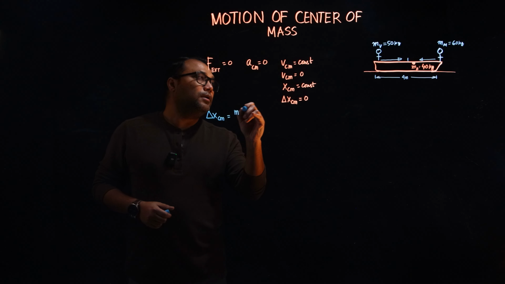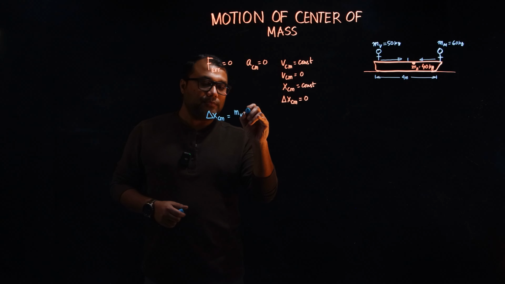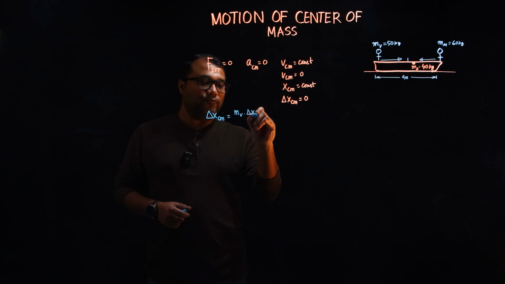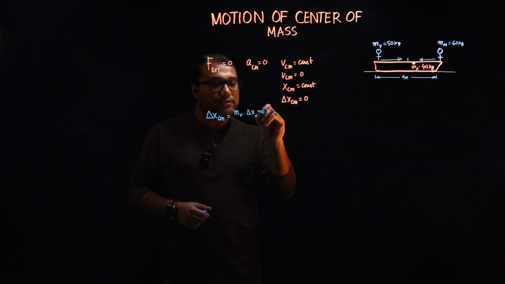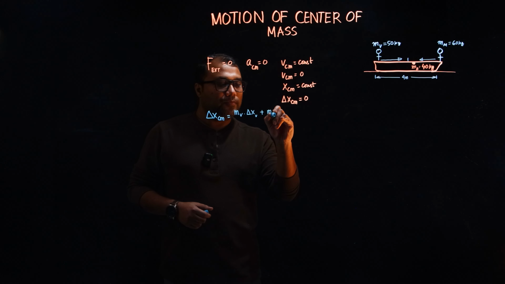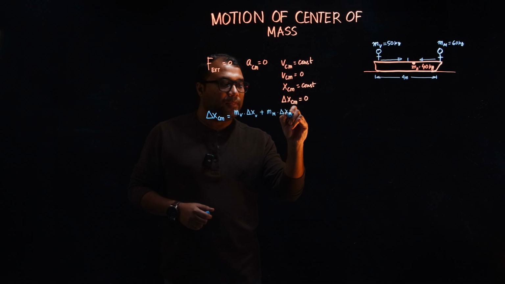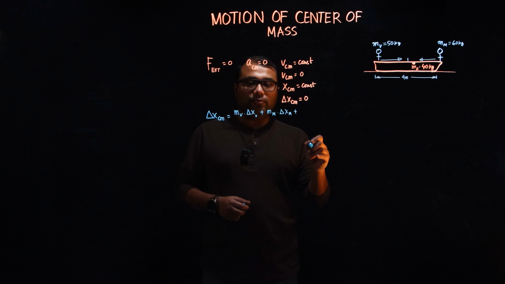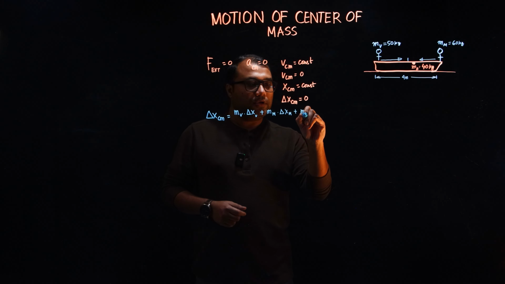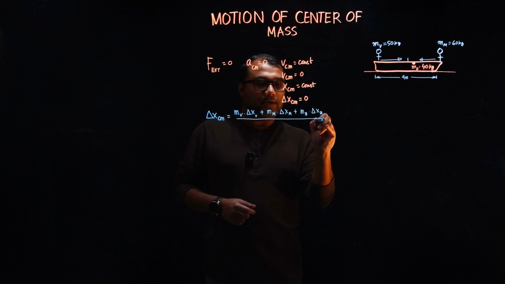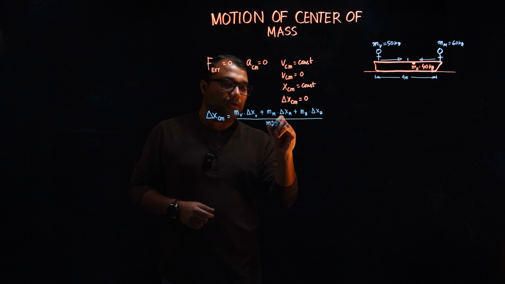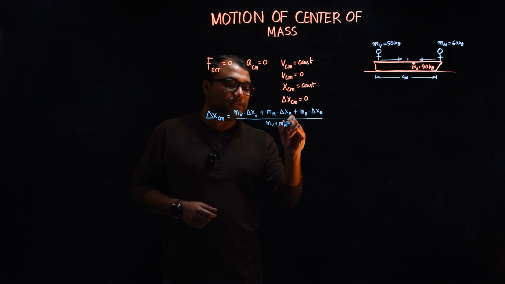It is mass of V times change in position of V, plus mass of M times change in position of M, plus, don't forget about the boat, mass of boat times change of position of boat. That divided by total mass mv plus mm plus mb.